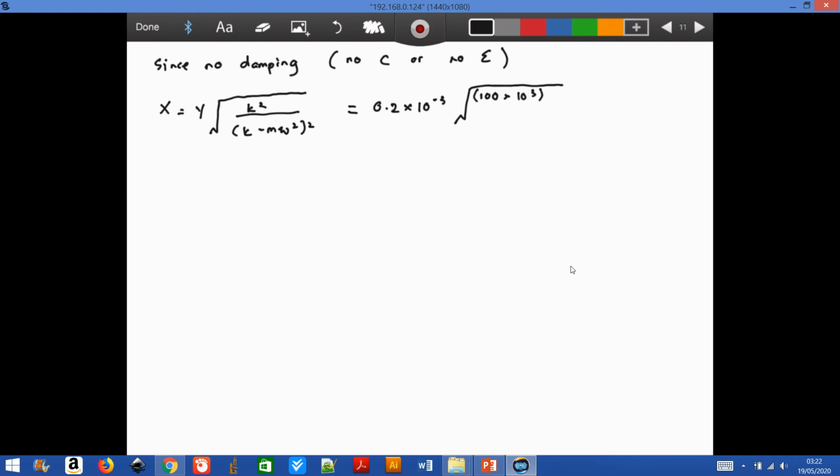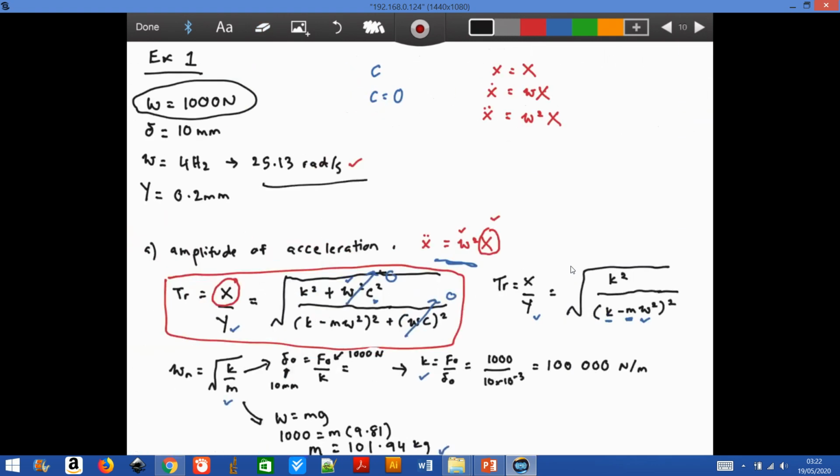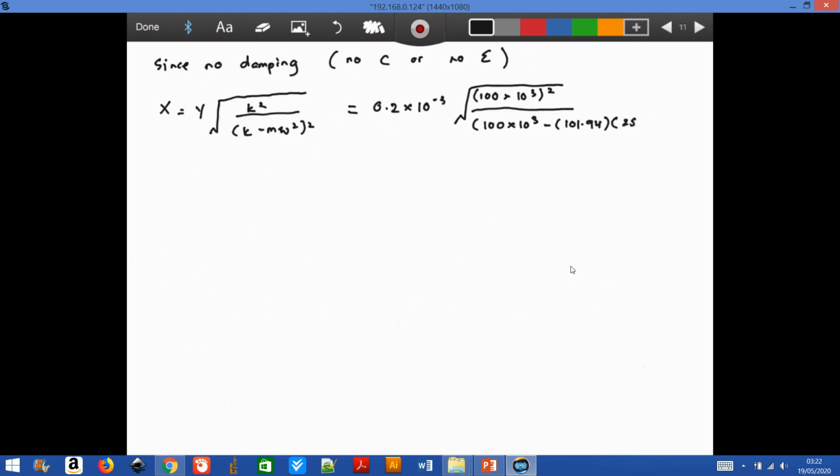Don't forget squared here over 100,000 minus 101.94, which is the mass, multiplied by the omega, which we have defined here, 25.13, squared.